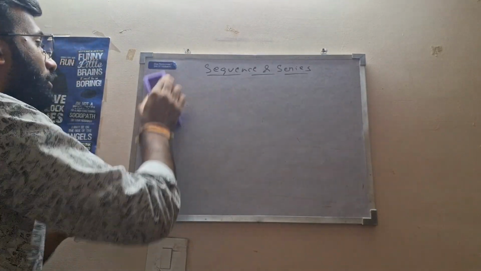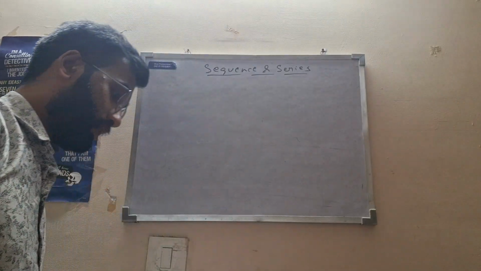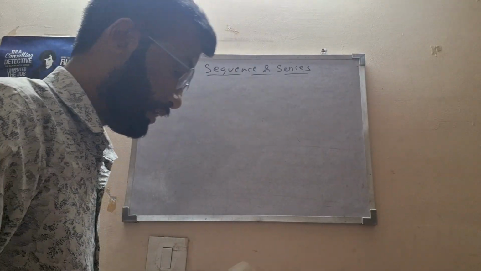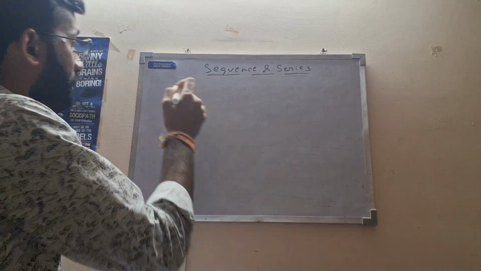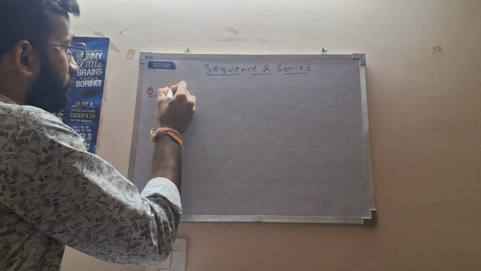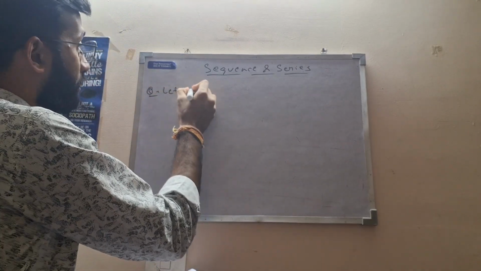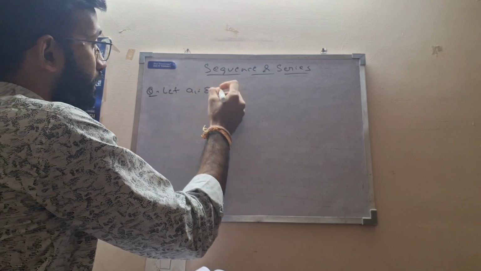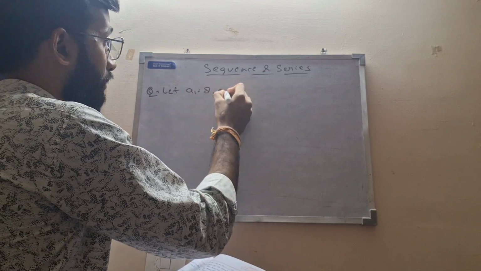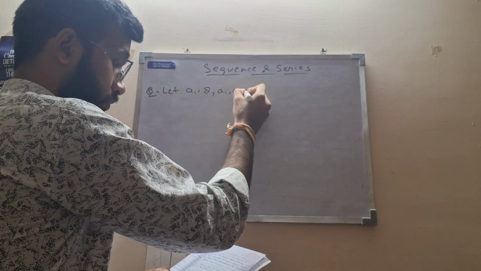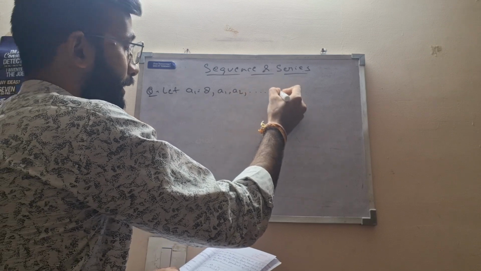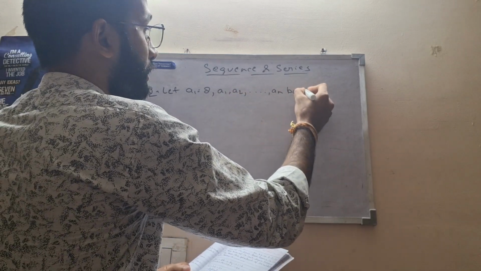Now we will do a question over that. So suppose the question: let A1 equal to 8 and A1, A2 up to AN be an AP.